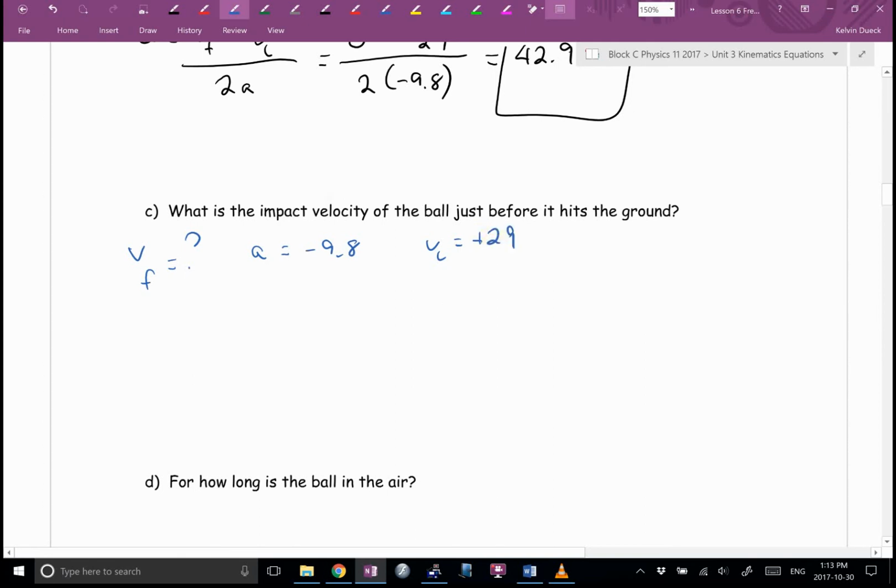Positive 29. That's two things. I need a third thing. Could I use the distance? What's my distance? The answer is yes, but I got to be clever.